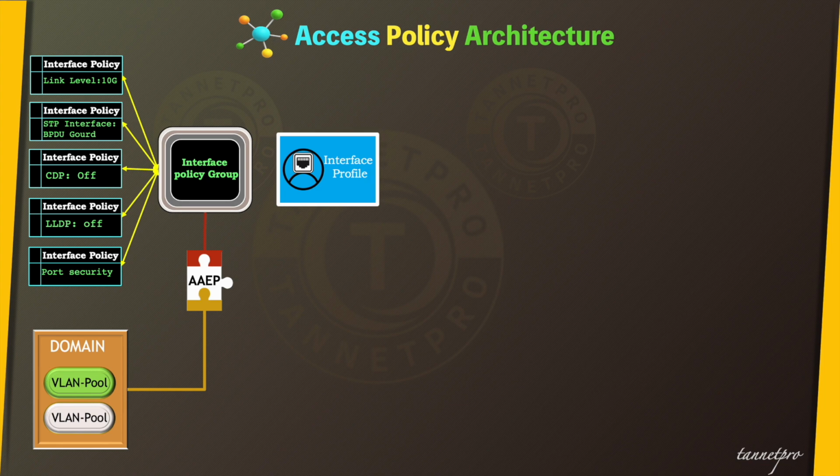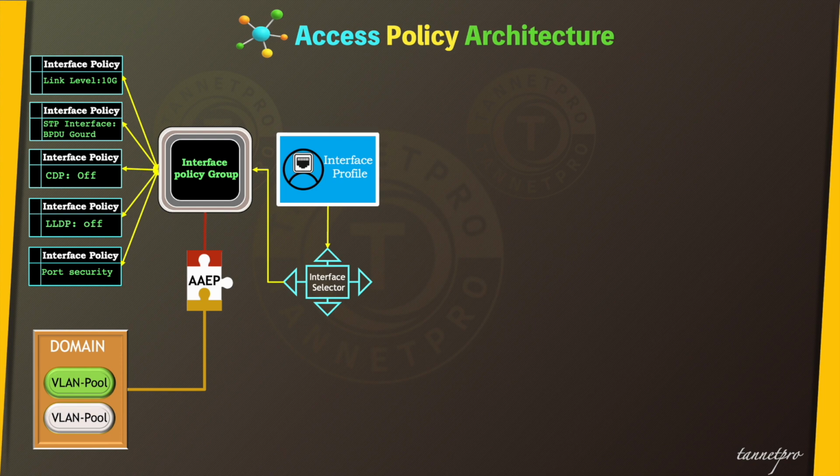So we'll create the interface profile, and whenever we create this profile, it will help us to call the interface policy group, as well as help us select the interface. Whenever we configure the interface profile, one thing we have to understand is the interface selector.